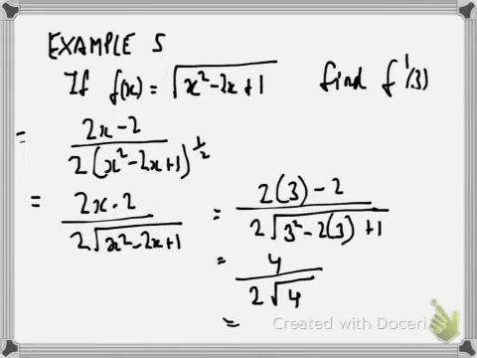The square root of 4 is 2, so on the bottom we've got 2 times 2, which is 4, so we end up there with a value of 1. So that is our answer.